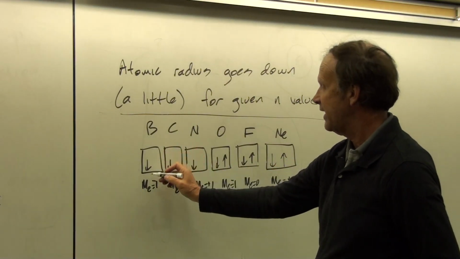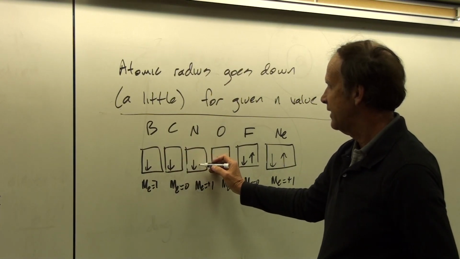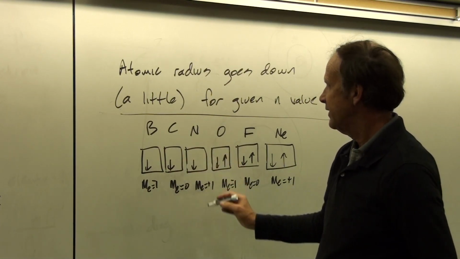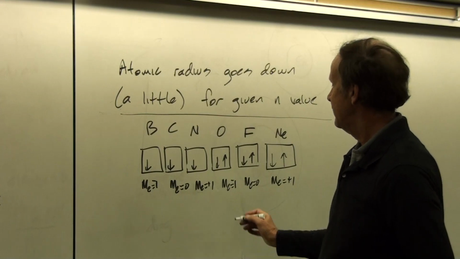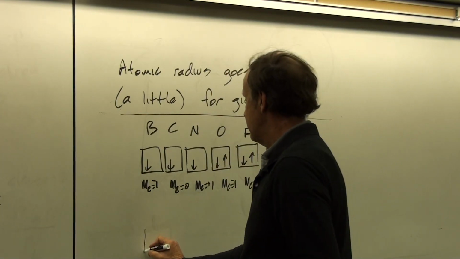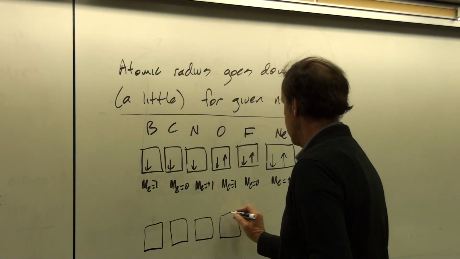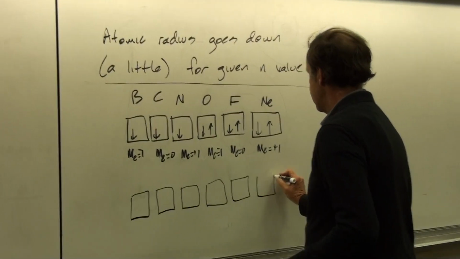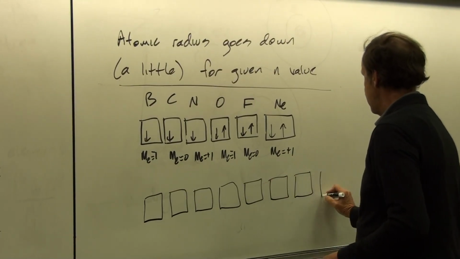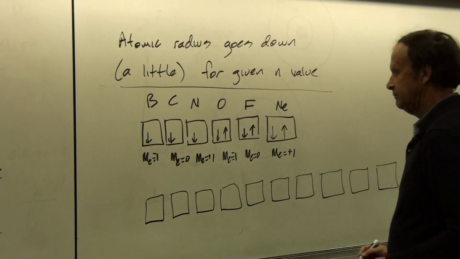And so we start out then with the lower value for m sub l, then the 0 value, then the larger value. Then if this were, say, instead of being a p orbit, if this were a d orbit, then you'd have 10 of these, 3, 4, 5, 6, 7, 8, 9, 10.